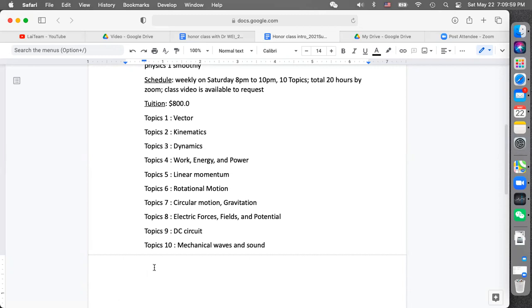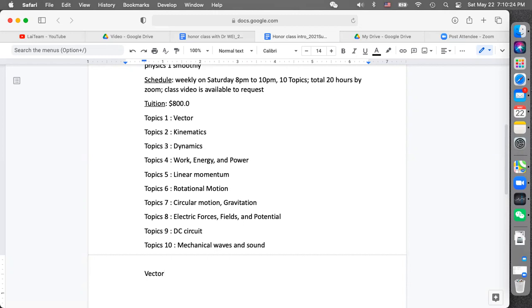Topic 1 is about vectors. This is like 101. Talking about vectors is because you need to understand for physics variables, there's a scalar and there's a vector, right? Scalar means there's only a quantity. If it is a vector, that means you also include the direction information.